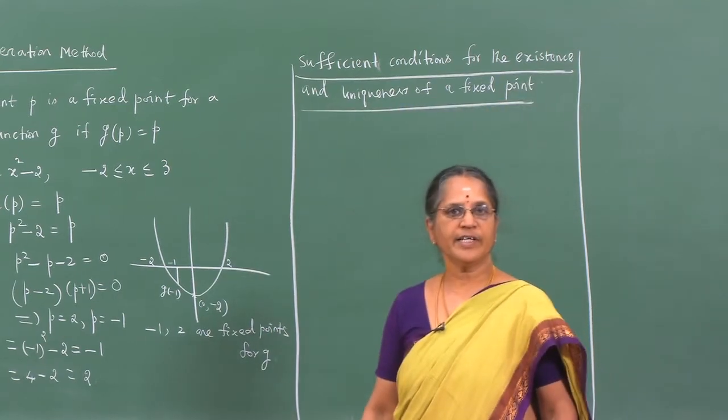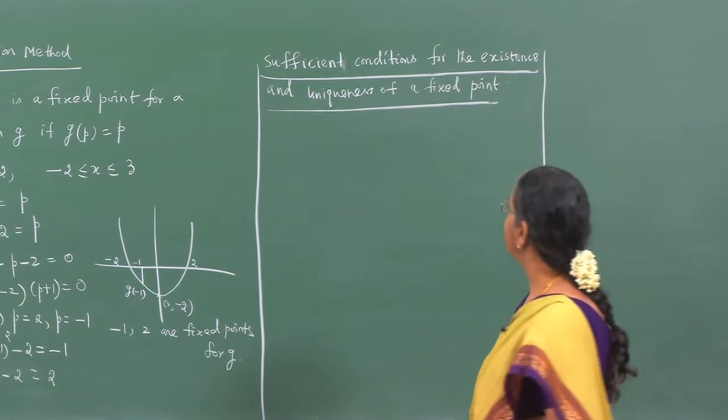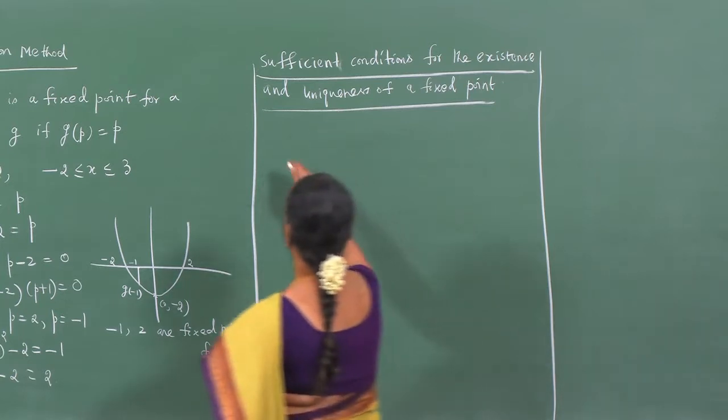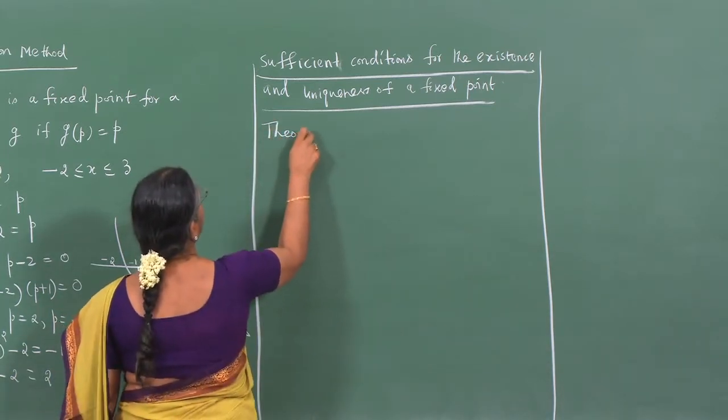So, we now give the sufficient conditions for the existence and uniqueness of a fixed point, and it is given by the following result.